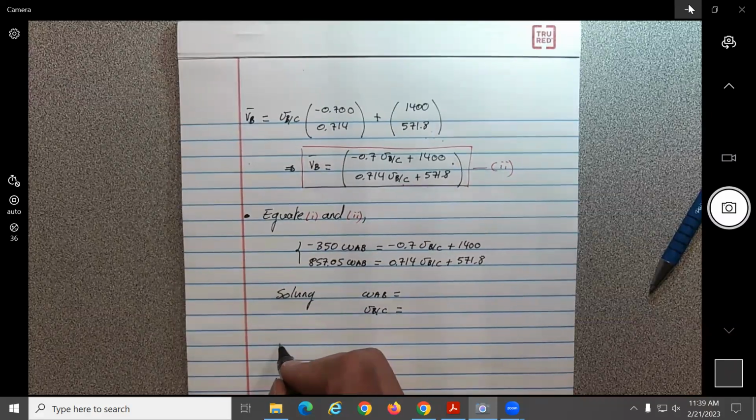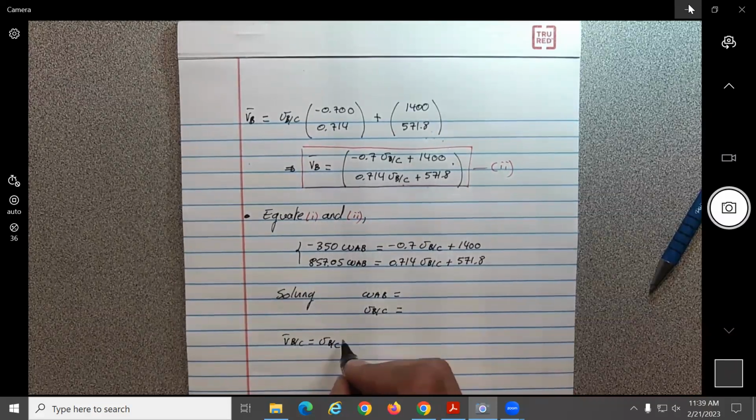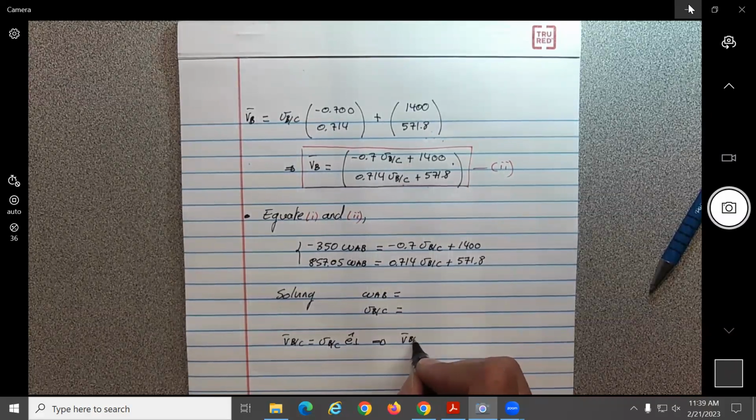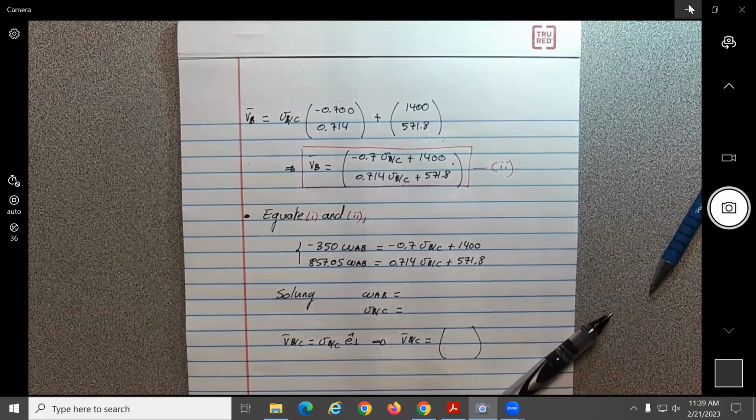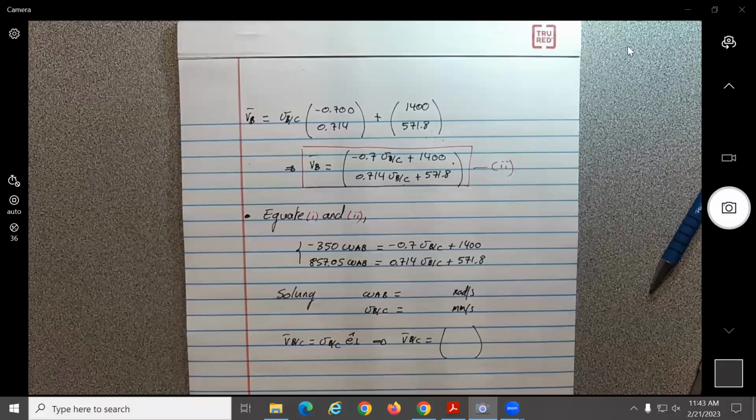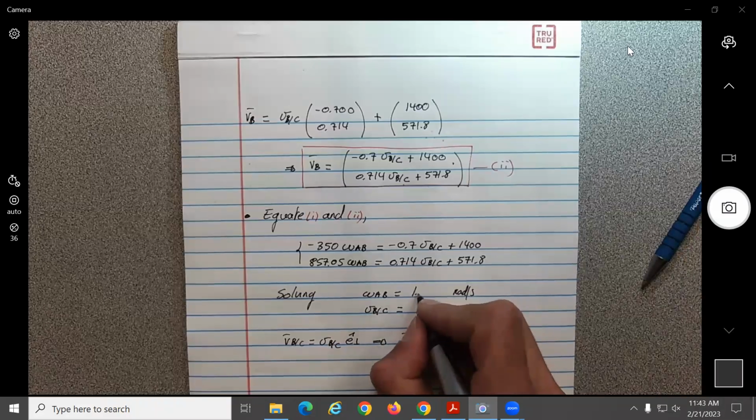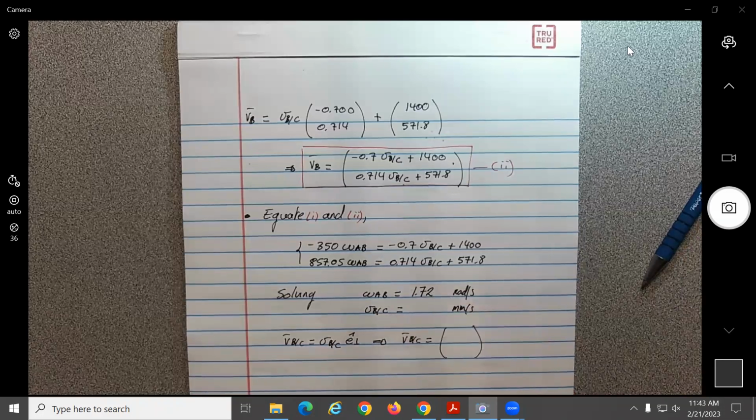And then I'm going to ask you to give me what is this one here, to give me the vector. 1.72 for omega AB radians per second, and the magnitude of B with respect to C, 2.85.